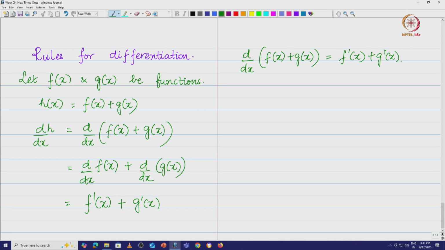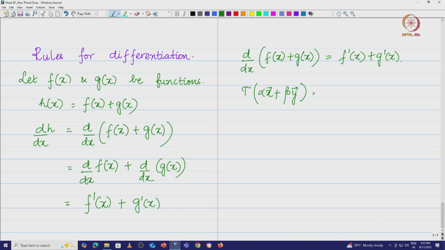Remember, when we did linear transformation, if T is a linear transformation, I want to look at the transformation on, let us say, alpha x plus beta y, where these two are vectors.